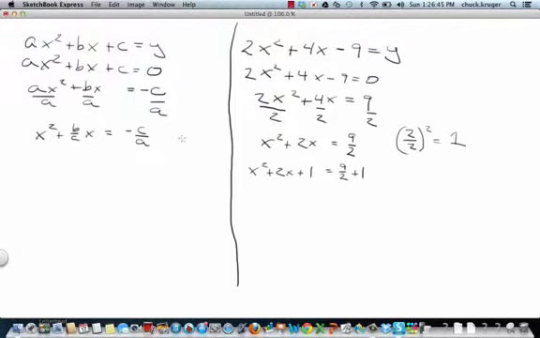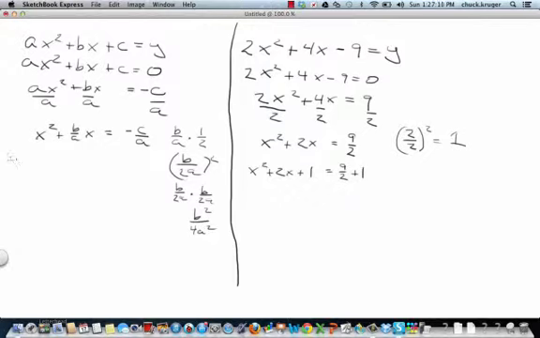And what I'm going to do is take half of b over 2a. Now, to take half of b over 2a, since it's a fraction, I'm going to multiply it by 1/2, and I get b over 2a. And I'm going to square that, and when I square that, that's b over 2a times b over 2a, and I get b squared over 4a squared.